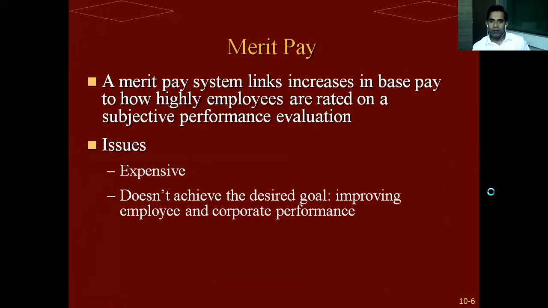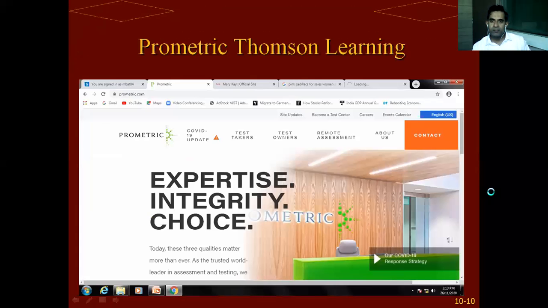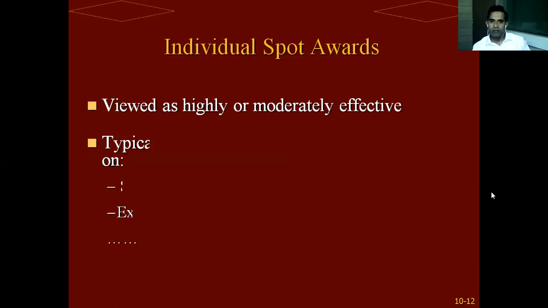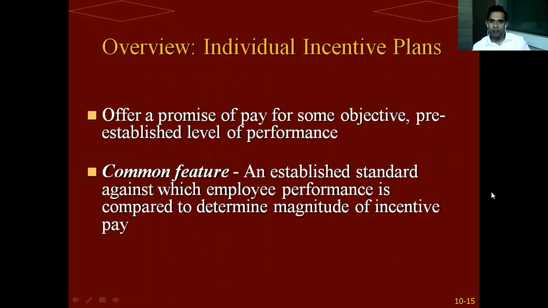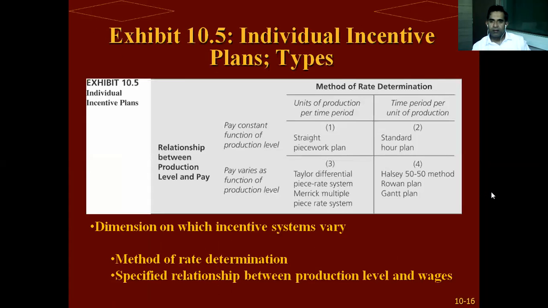So let me directly go to individual incentive plans. These are the individual incentive plans. The types are based upon the method of rate determination and the relationship between production level and pay. For each cell, different individual incentive plans are recommended.